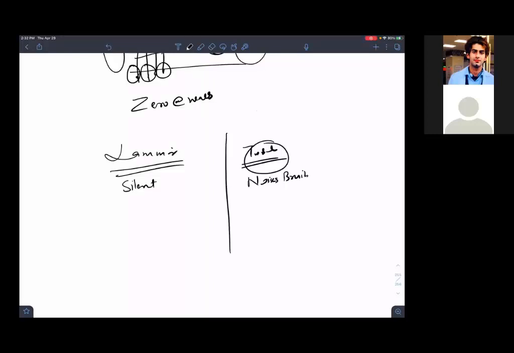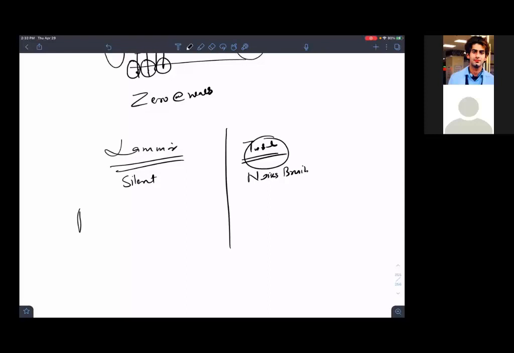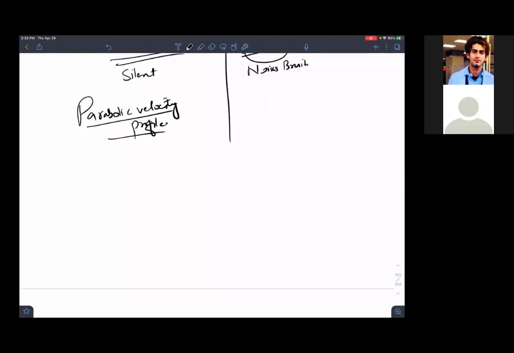Flow is maximum in the center and decreases at the vessel wall. In physics, this is called a parabolic velocity profile. When you have the highest velocity in the center of a vessel and decreasing towards the vessel walls, we say it is a parabolic velocity profile.